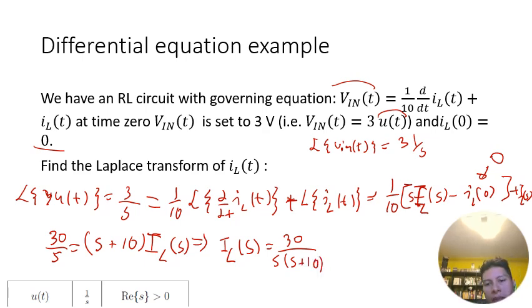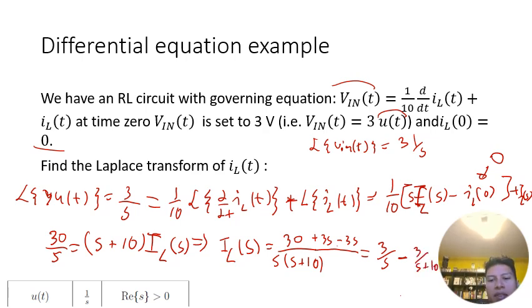At this point we're done, but I'm going to do one additional step where I add 3s to this and subtract 3s, so that I end up with 3 over s minus 3 over s plus 10.